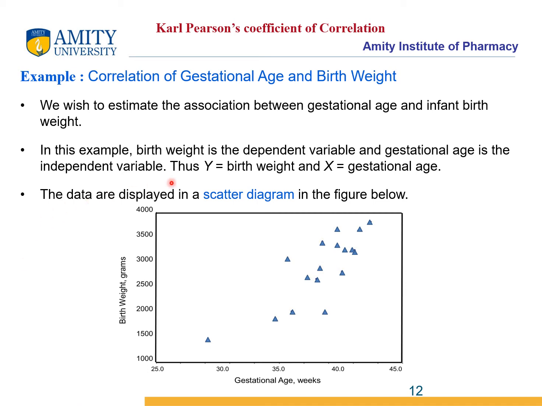So y equals birth weight, and we are going to place the values of birth weight, the dependent variable, on the y-axis, and x is the gestational age, the independent variable. We are going to place the values on the x-axis. So the data are displayed in a scatter diagram in the figure below. This is what we get by placing all the values.